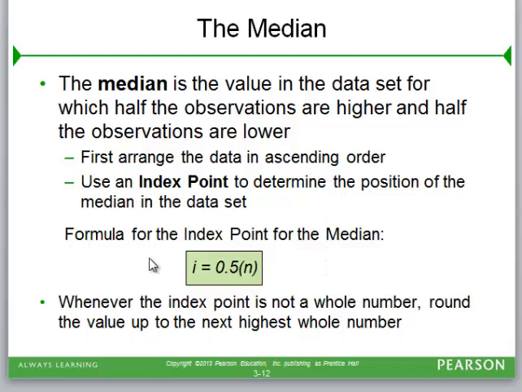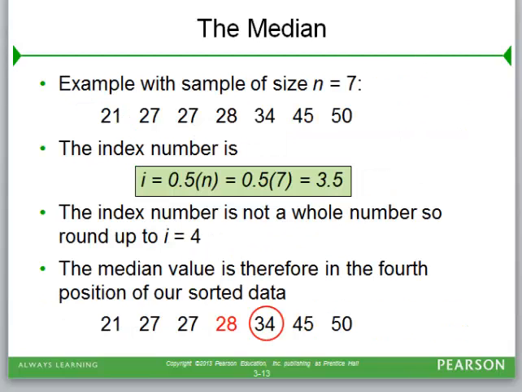The formula for the index point for the median is i equals 0.5 times n, where n is the number of data values. Whenever the index point is not a whole number, round the value up to the next highest whole number. For example, we are given a group of 7 numbers, and we first rank them in ascending order.